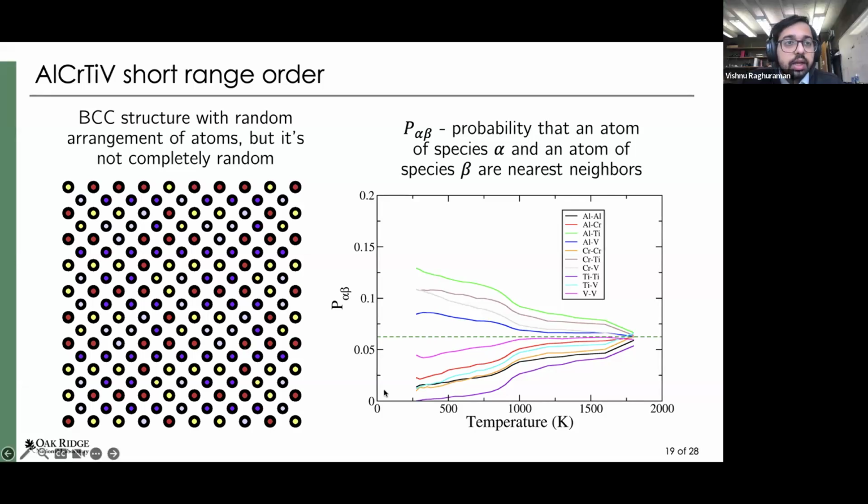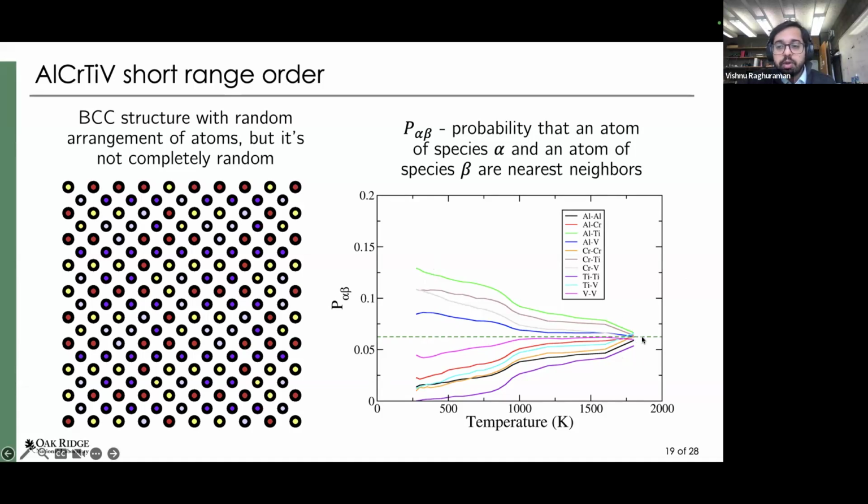Basically, from the MCMD, you can get the pair correlation short-range order parameters, and the dashed line here represents complete disorder. Each element is at 0.25 concentration, equiatomic, so 0.25 to the power of 4, 0.0625, is what you have here.